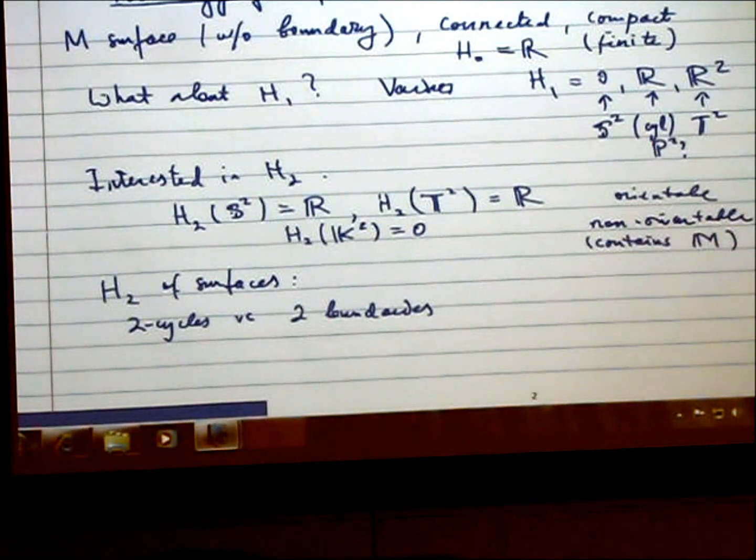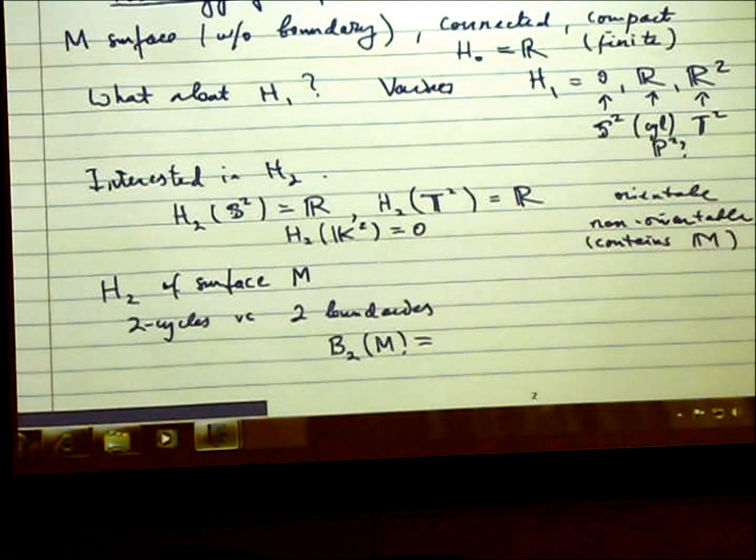What do we know about the boundaries? And we're looking at surfaces without boundaries. Boundaries of a surface which happens to be a cell complex of dimension 2. So what do we know about those 2-dimensional boundaries?